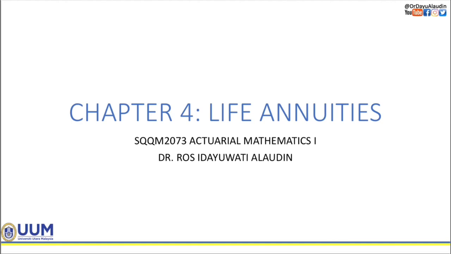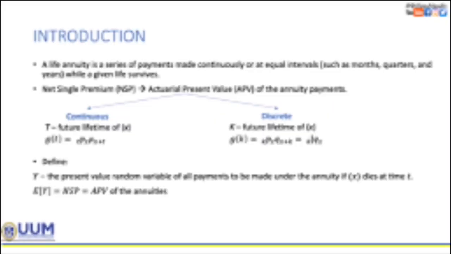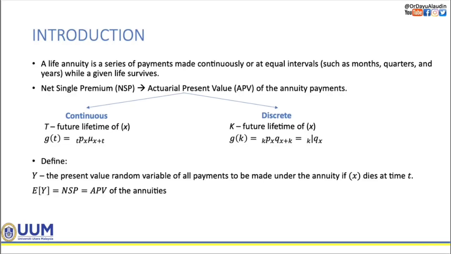Today we will learn on chapter 4, life annuities. As an introduction, life annuities is a series of payments made continuously or at equal intervals such as monthly, quarterly or annually while a given life survives.